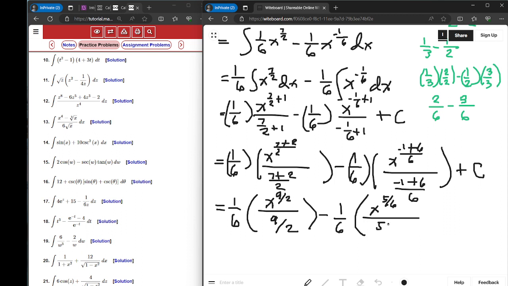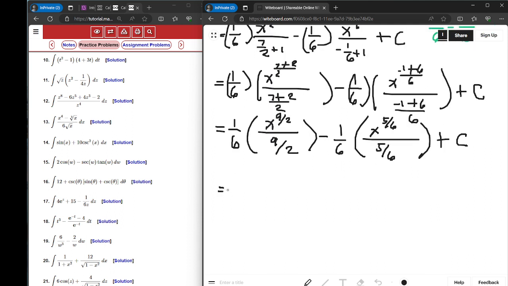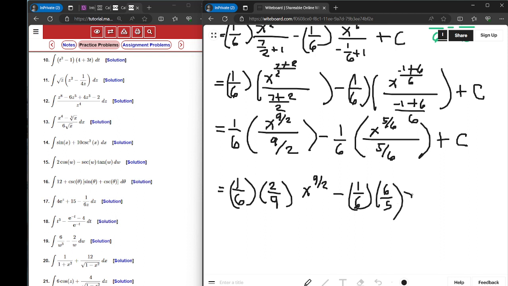That's 5 over 6 plus c. So this will become 1 over 6 times 2 over 9 times x to the power of 9 over 2 minus 1 over 6 times 6 over 5 times x raised to the power of 5 over 6 plus c.